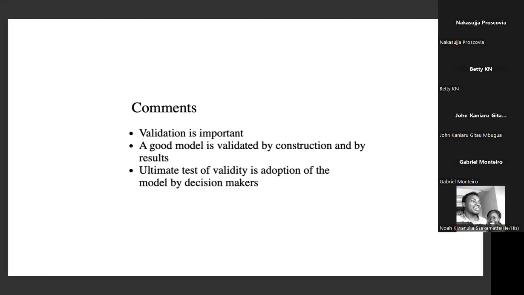So just to stress the point that it is very important to work with policy or decision makers because they give you what they want. You just have to make a framework of what they have given you. Then you determine the output or your objective. So it is very important when your model is picked up by decision makers.